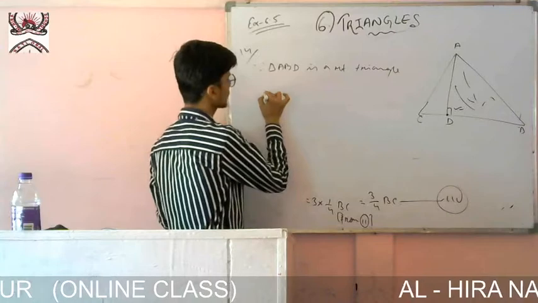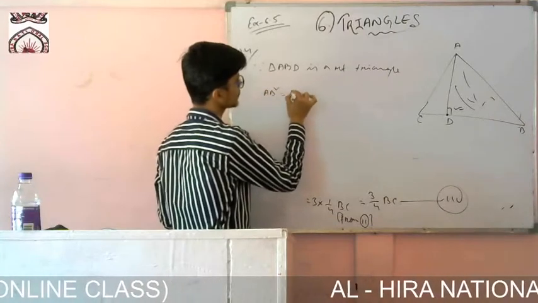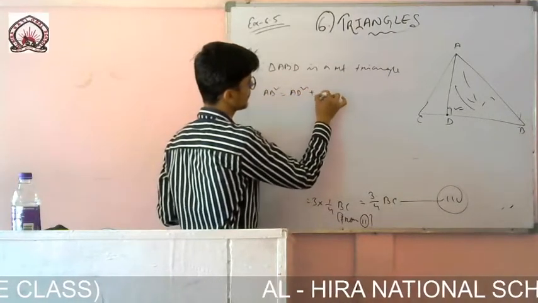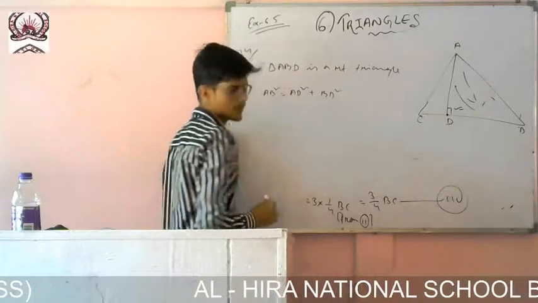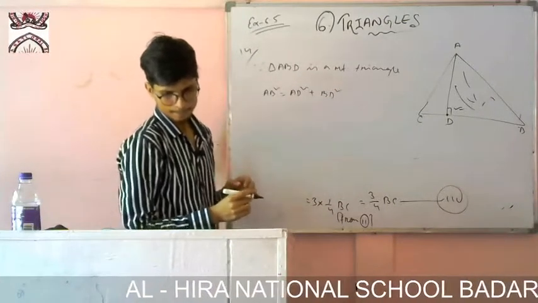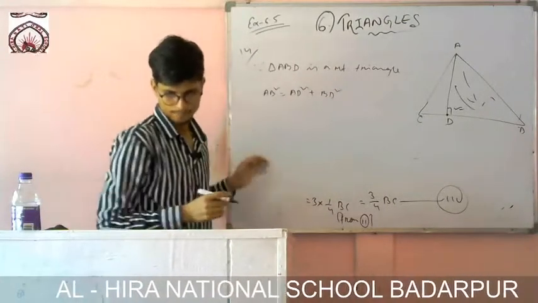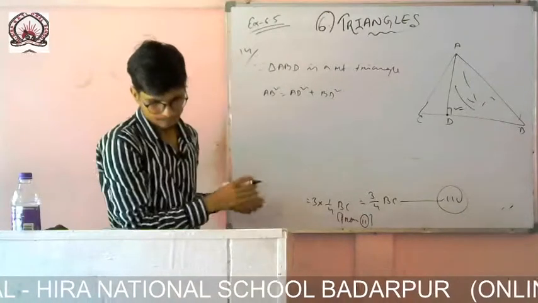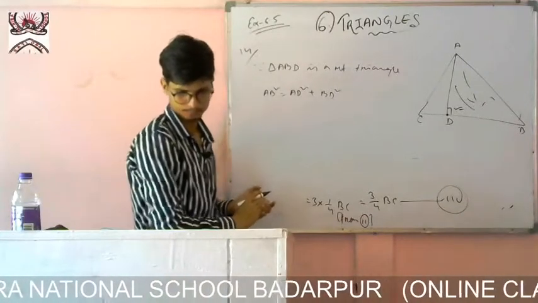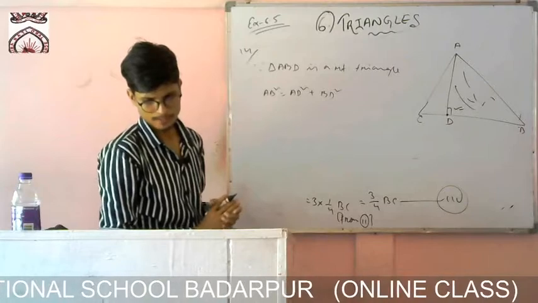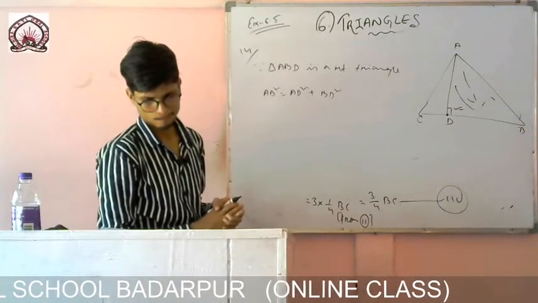So it will be AB square is equal to AD square plus BD square.